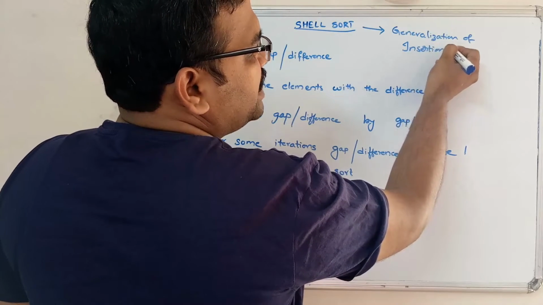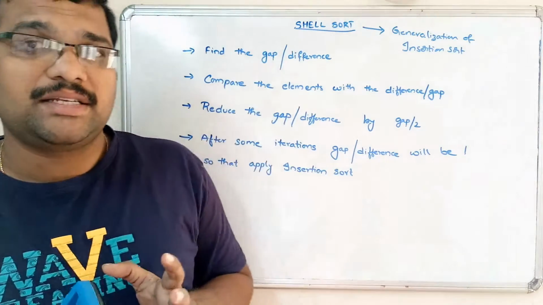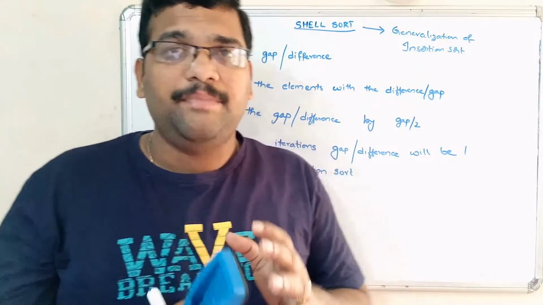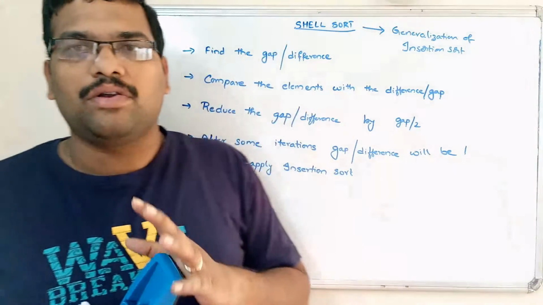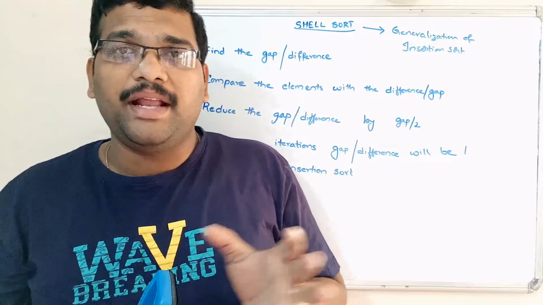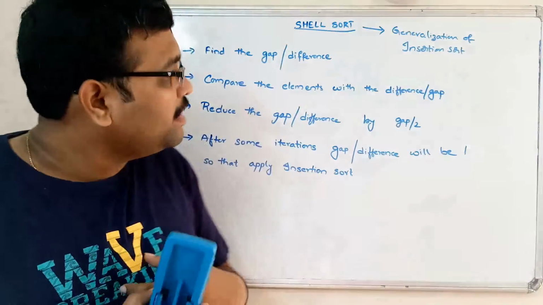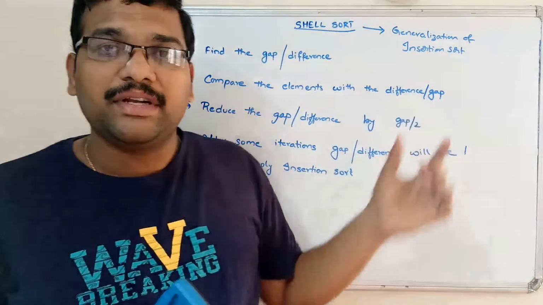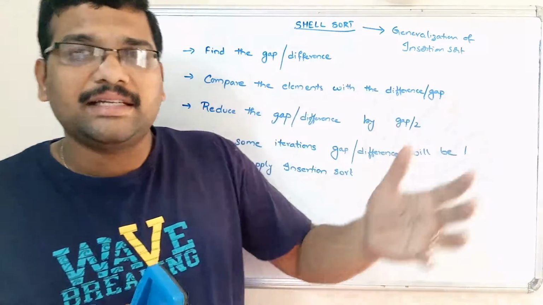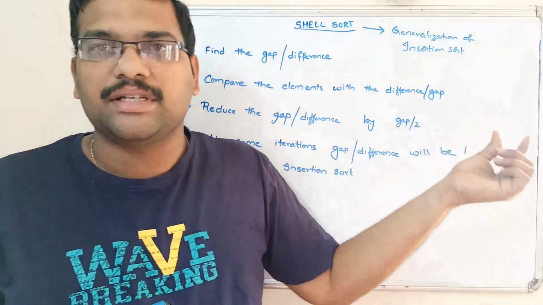So we will follow the same procedure. How the insertion sort we have applied, the same thing we will apply for this shell sort also. In the insertion sort we compare just the adjacent elements, but here we have to find the difference and we have to apply the insertion sort with the gap of this particular difference.